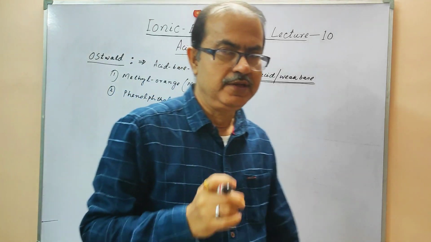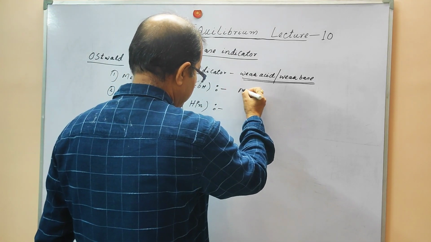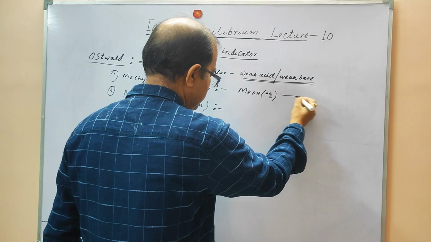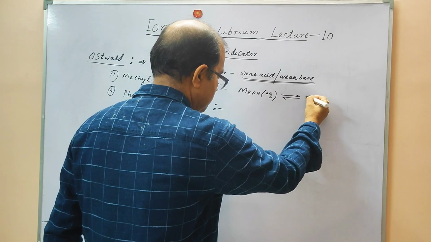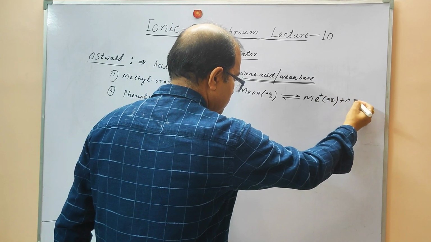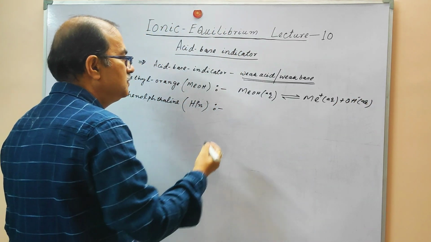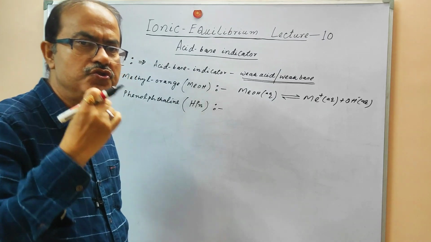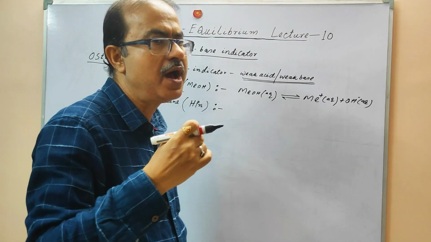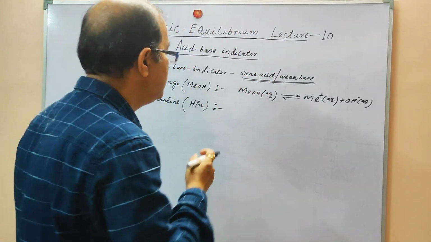So let us understand. When it dissociates in the aqueous solution, its equation will be written this way. When it is dissociated and produces the ions in the aqueous solution, the ions have a different color, and that is the catch point why you use it as an indicator.